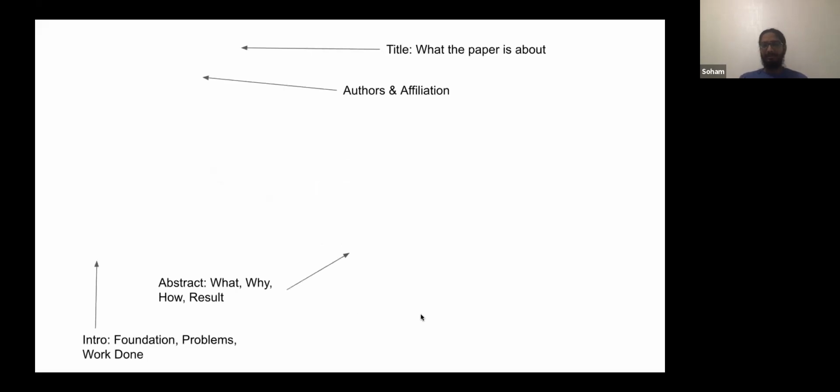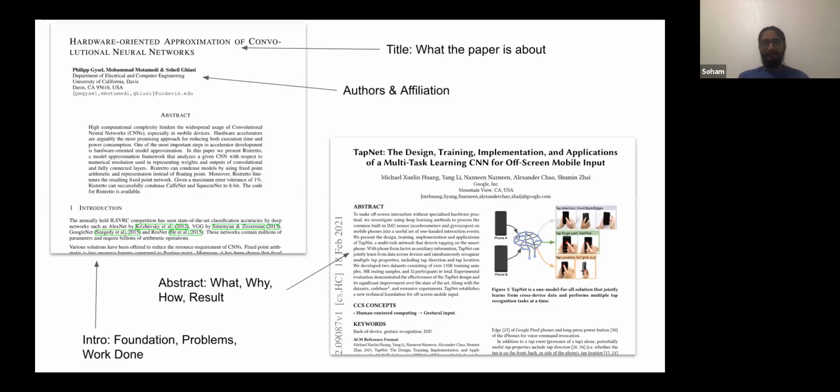So what are the parts of a research paper? Depending on the conference or the journal someone submits it to, or even arXiv, which people nowadays submit to, papers can have different formats. For instance, you might have a single column format that looks like this, where everything is written in one column, or you may have two columns, like this.